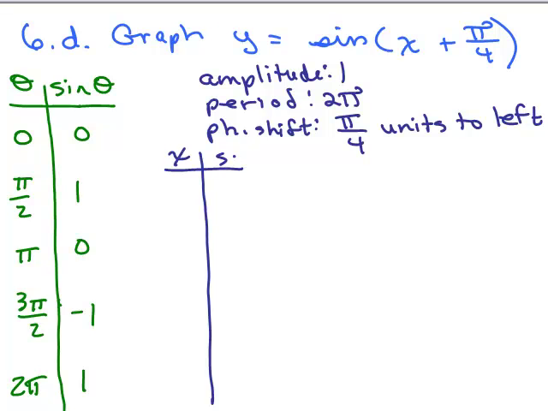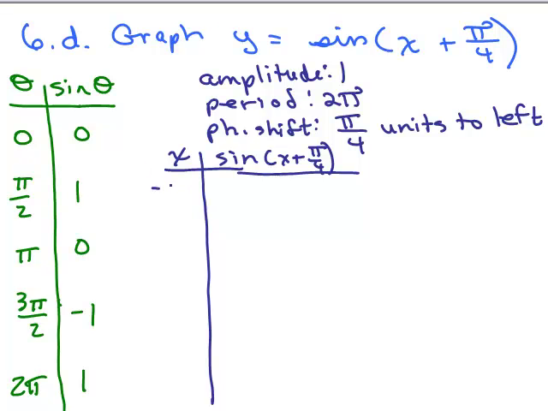So I'm going to do x and then the sine of x plus pi over 4. And what happens when you have just a phase shift is all the x values are just shifted pi over 4. So if you take theta over here and you just subtract pi over 4 and you keep the value of the sine the same, watch what happens.